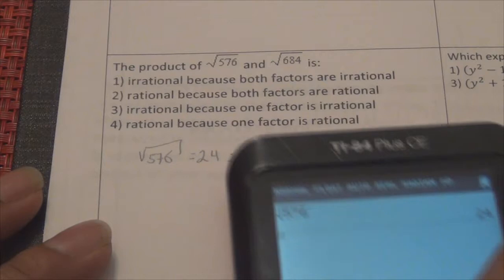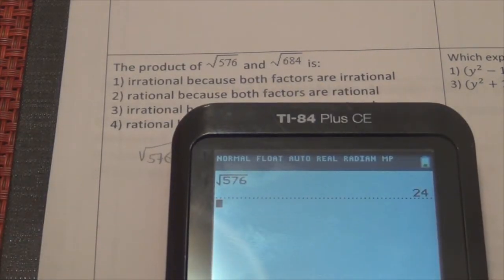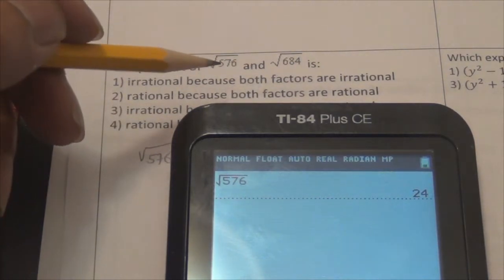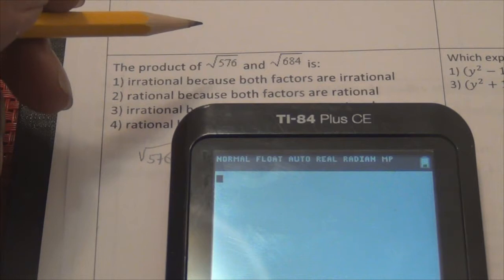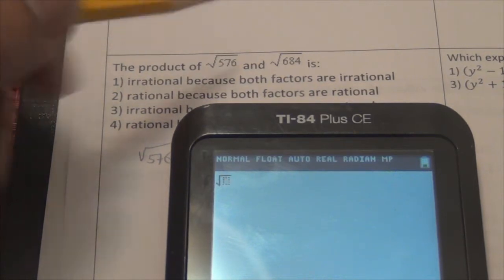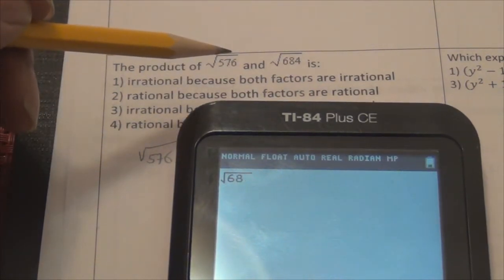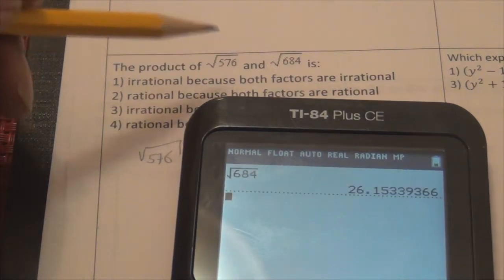Now let's try the other one. Square root of 684. And it's some weird number.